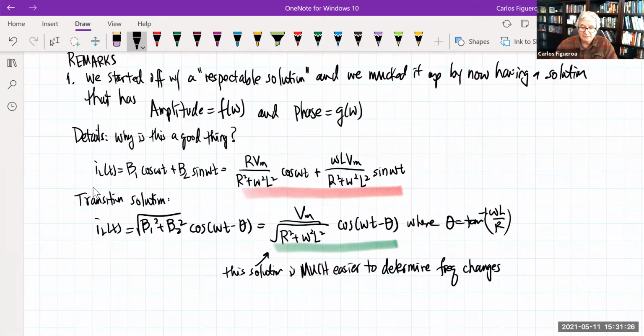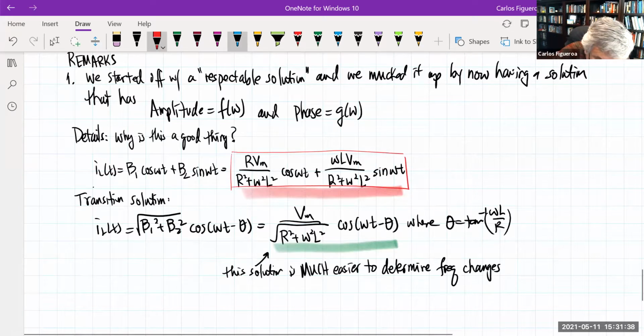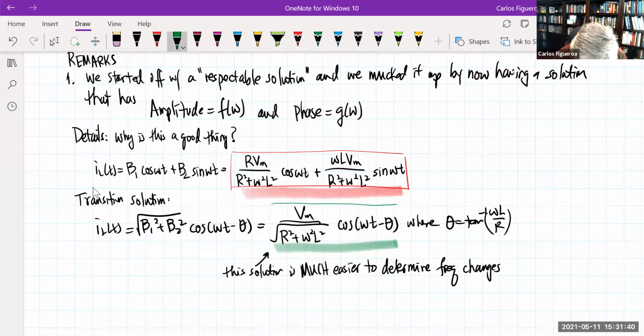Because look at it, right? Let's box this thing and say this is the red term, and then let's box this one. This is the green term. With the green term, the amplitude only has one frequency dependence. When you're looking at the red term, note that both of those terms have frequency dependence in B1 and B2. So this solution is much easier.